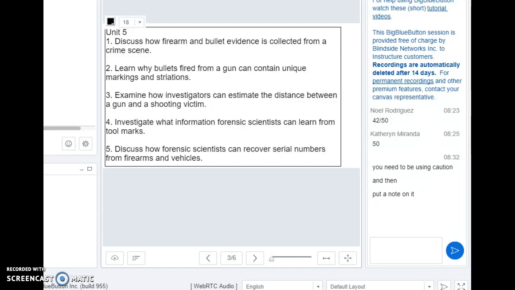What about tagging? Yep, put a note on it. So you're tagging it, and by removing it from the crime scene, you're putting this note, like Catherine said, just to identify which crime scene it belongs to. So there's usually identification numbers, and these identification numbers will be put on that note. What else? What about bullets?